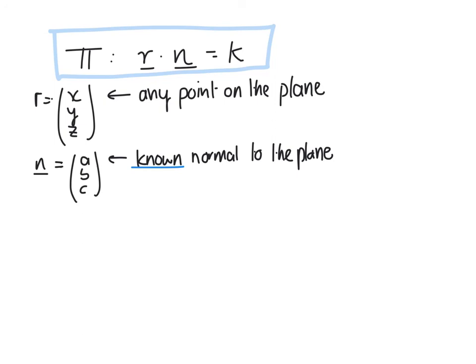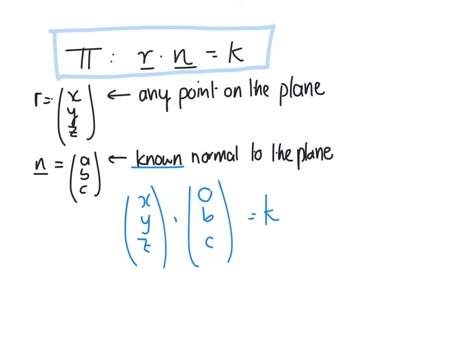And then we're going to put this information into that equation that we just derived a second ago. So we're going to give ourselves R, x, y, z, dot n, a, b, c, and that's going to equal our number k, which again we could calculate if we have our point A and our normal n. But we're trying to get a general formula here, so we're just going to go with as general as possible.